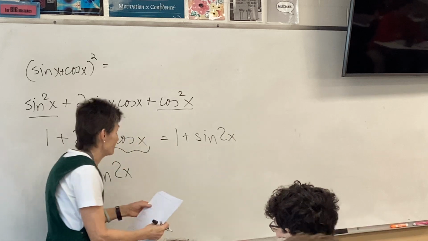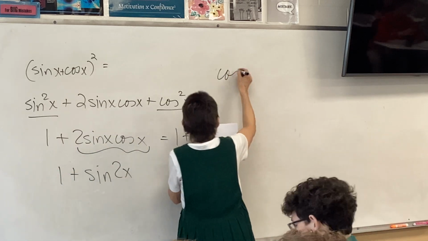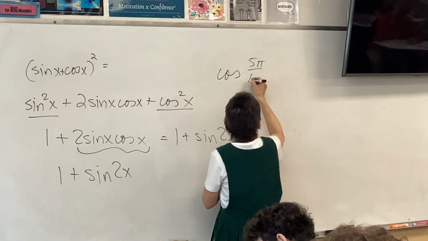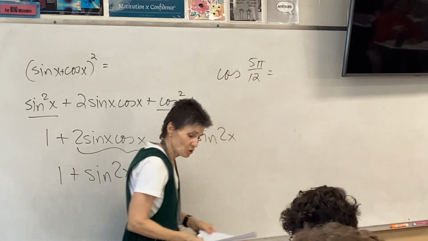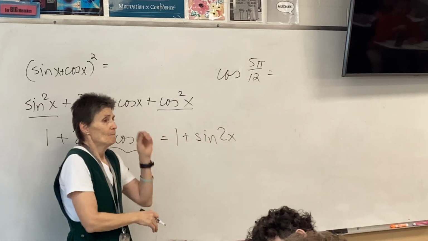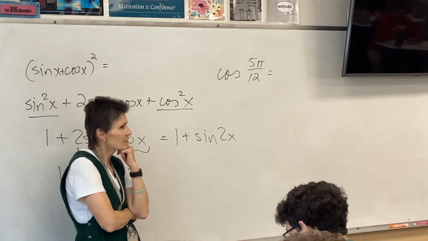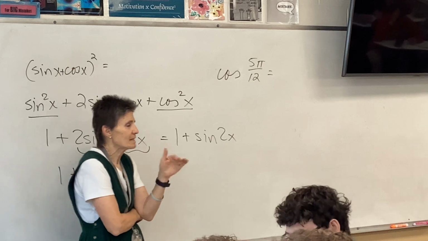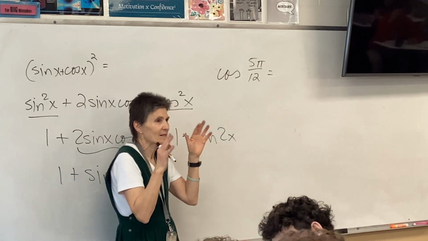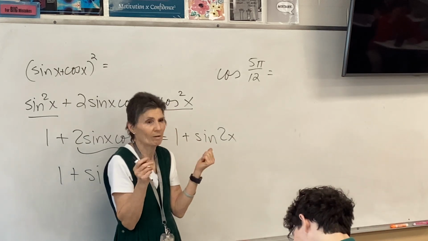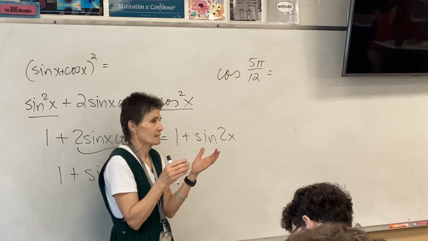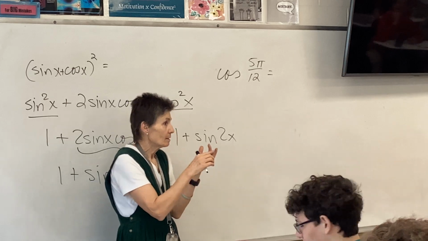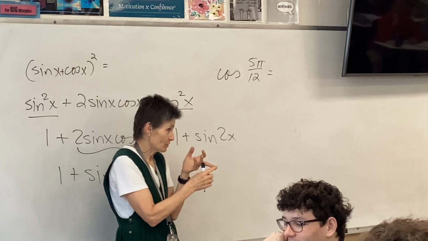Not bad. All right, cosine of 5 pi over 12. We did one of these yesterday, or 2 maybe. Anybody remember how we start this? Pi over 12 is not one of our specials. What is? Pi over 3, pi over 4, pi over 6.